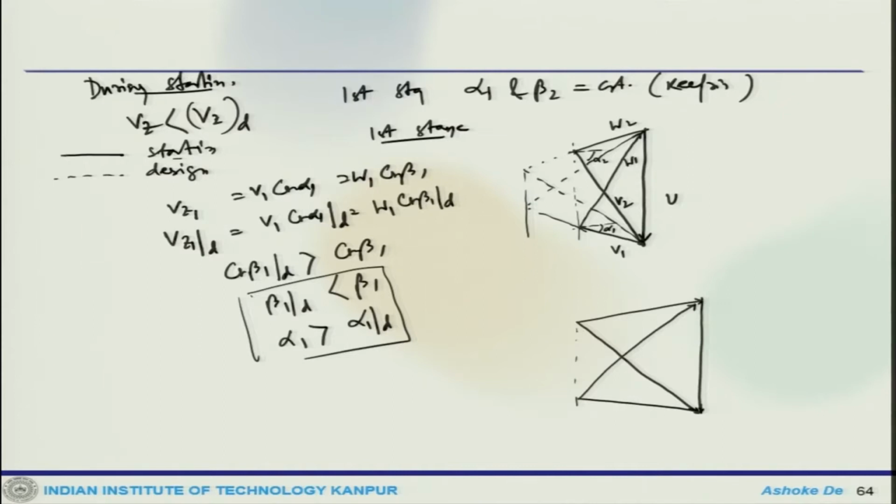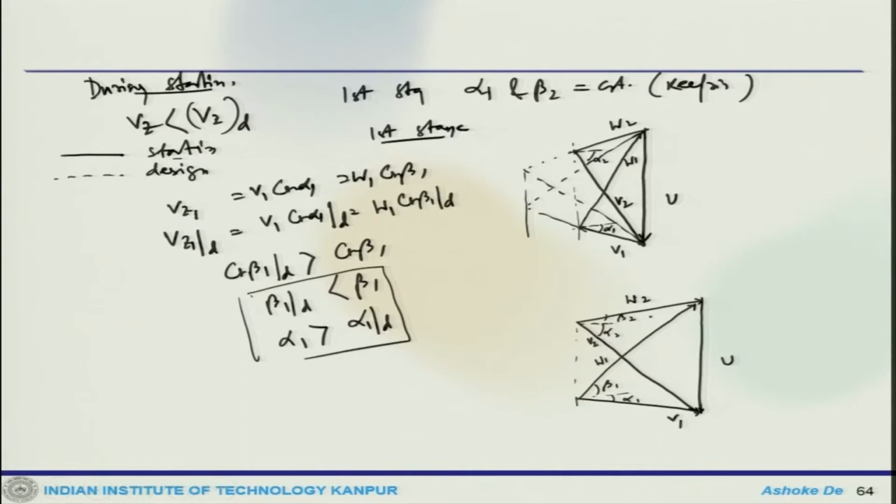This is U, this is W2, this would be W1, and as usual this is alpha 1, beta 1, alpha 2, beta 2, and this is my V1, and this would be V2.